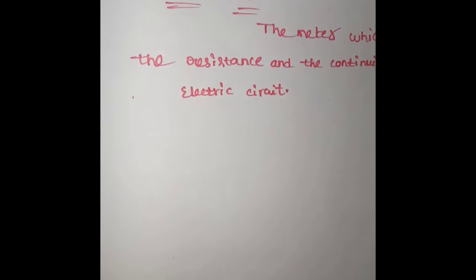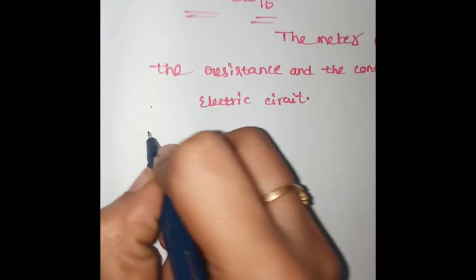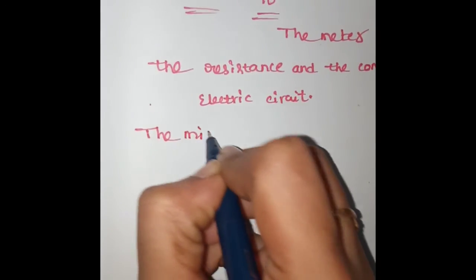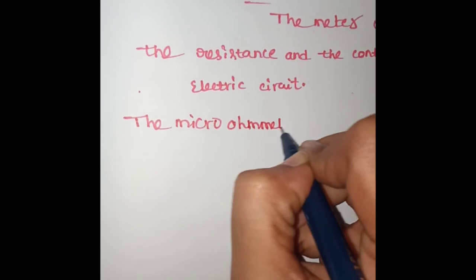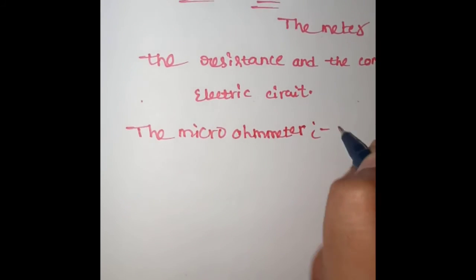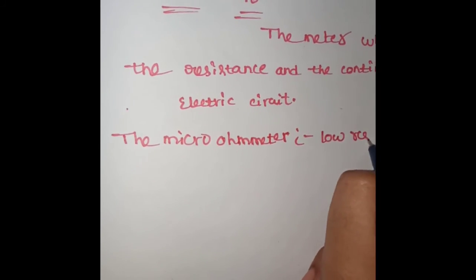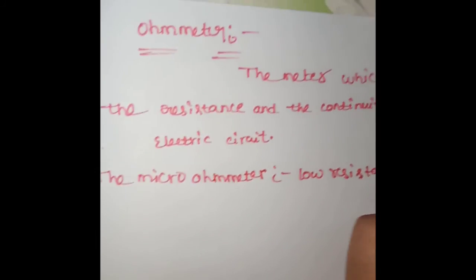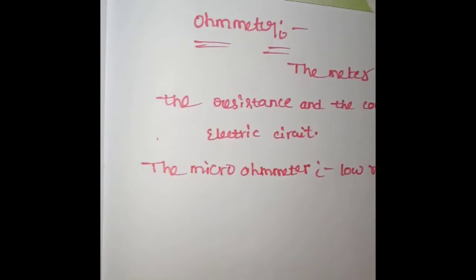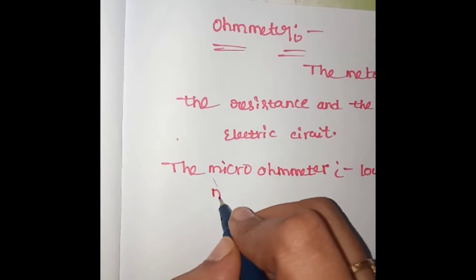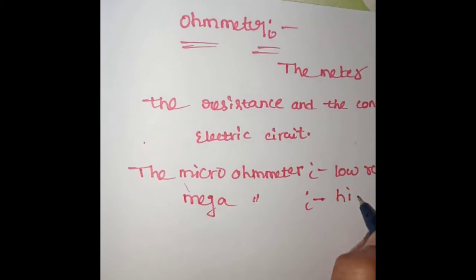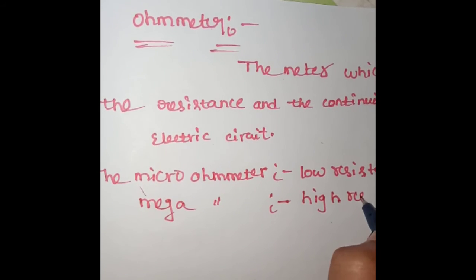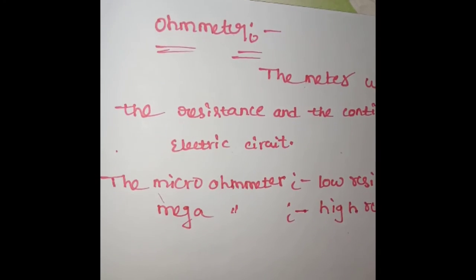In ohmmeters, the micro-ohmmeter is used for low resistance only, but the mega-ohmmeter is used for high resistance. This is very important.